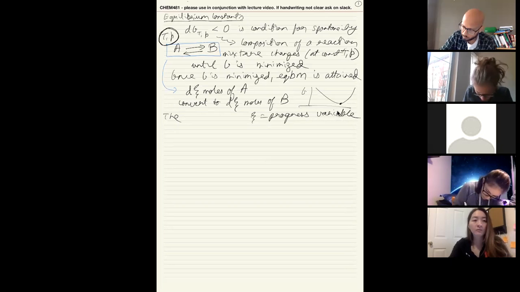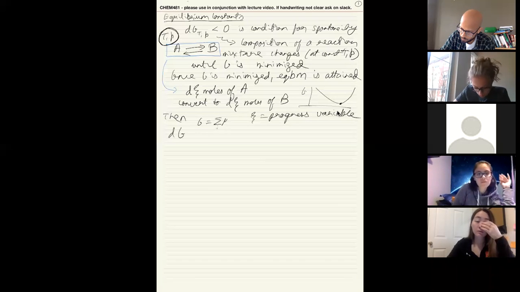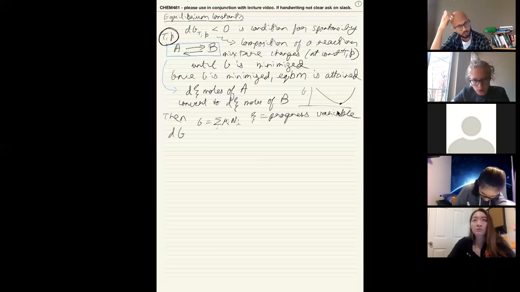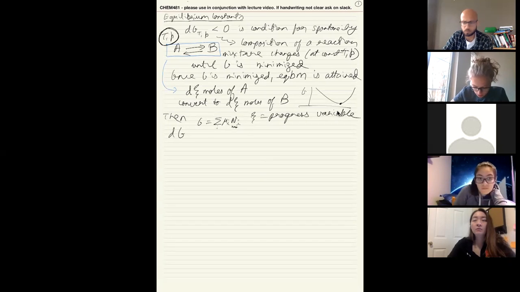So then in this case, how do we write down dG? We know at constant temperature and pressure, dG is sum of mu i dn i, right? So chemical potential is what it is at constant pressure and temperature, and what changes is n, the number of moles of the species.